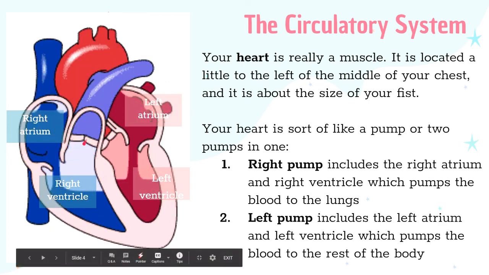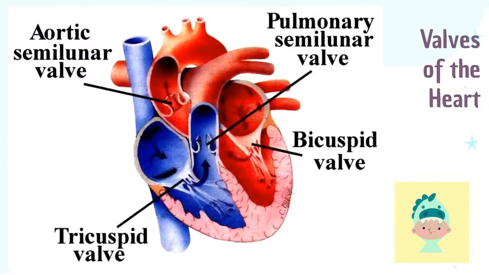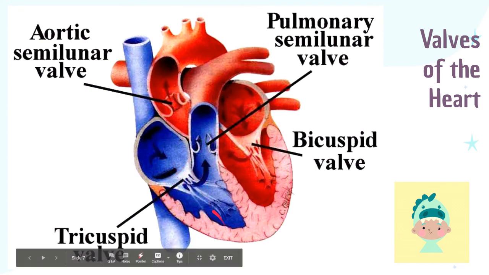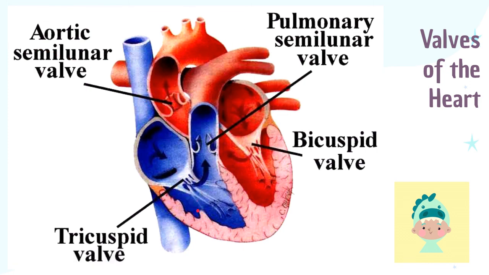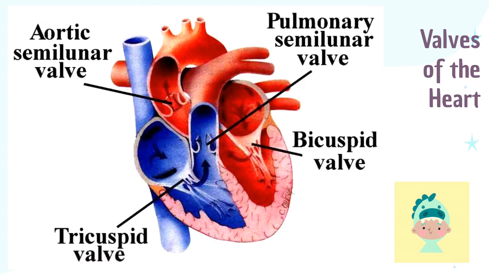For example, if this does not close well, whenever the right ventricle pumps, some blood will still rush back into the right ventricle. So that's how important valves are. They prevent the backflow of the blood, so that it only goes to its destination in one way. And the interventricular septum separates the right pump from the left pump, preventing the mixing of deoxygenated and oxygenated blood.